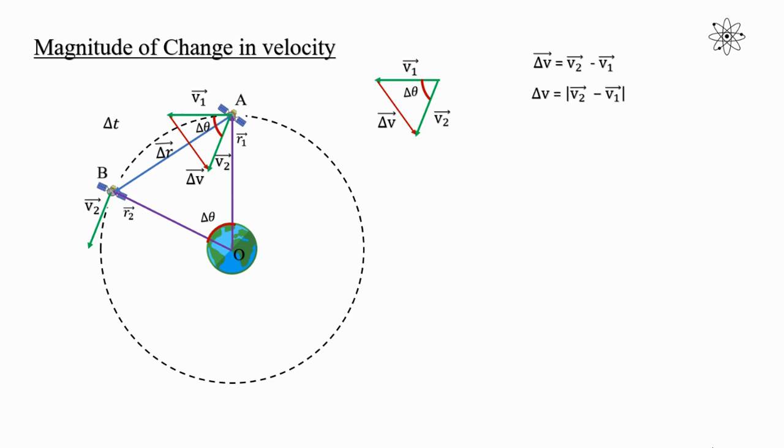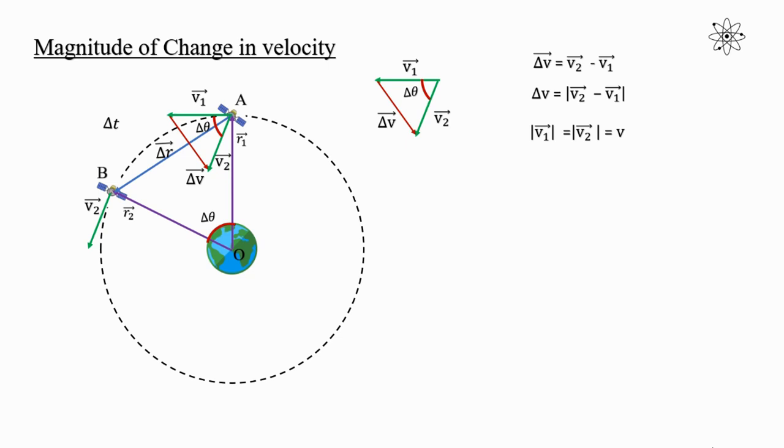Delta V, which represents the magnitude of the change in velocity, is equal to the modulus of vector V2 minus vector V1. As the given motion is uniform circular motion, the magnitude of velocity is constant.